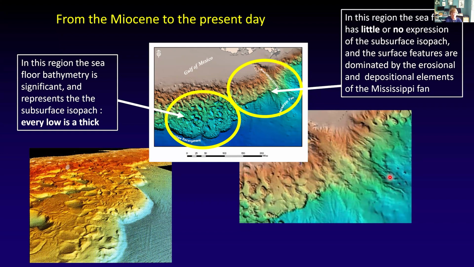So the salt withdrawal and any other gravity spreading and gravity sliding structures are completely subdued by the depositional and erosional topography of the Mississippi fan itself. And any variations in facies associations that you see across this region in the east are entirely related to the processes going on the fan, which is aggrading and prograding rapidly.